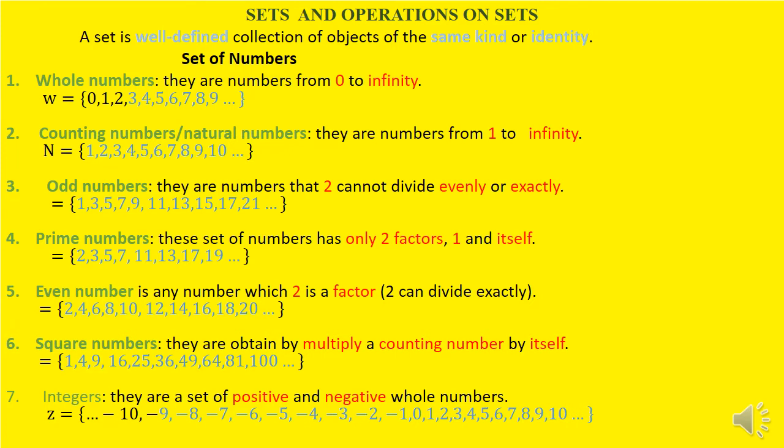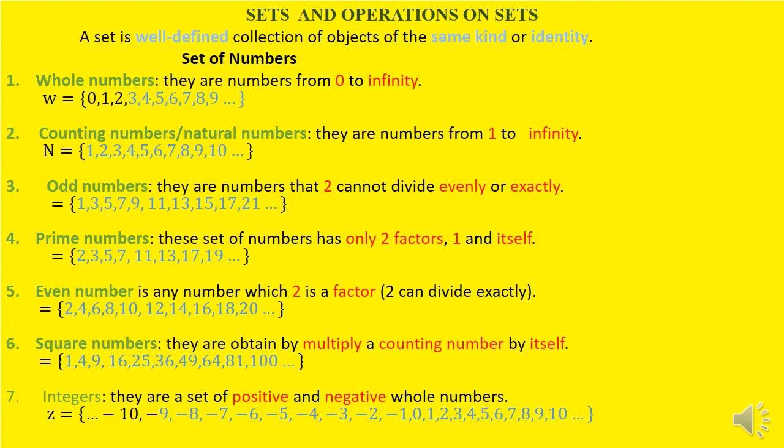Note that 2 is the only even prime. It means that 2 is the only even number which is also a prime number, so it is called the even prime.